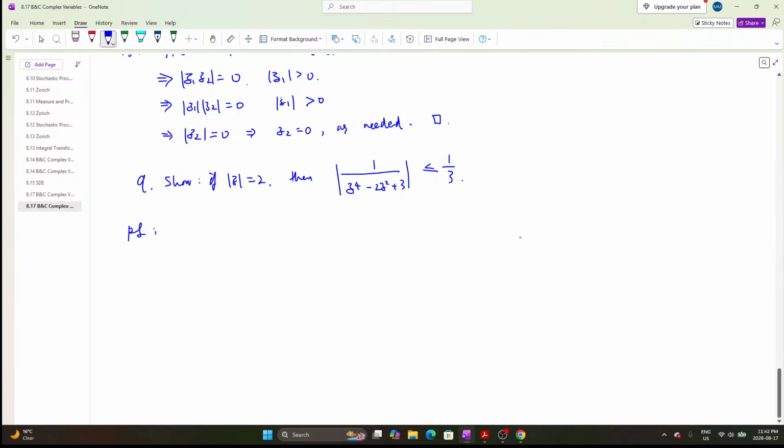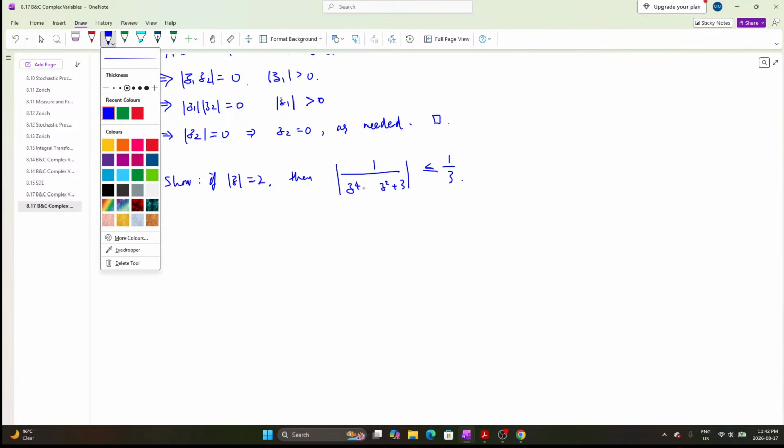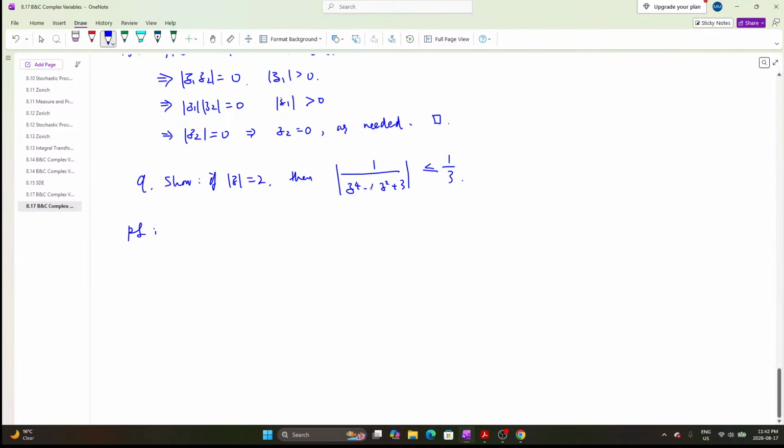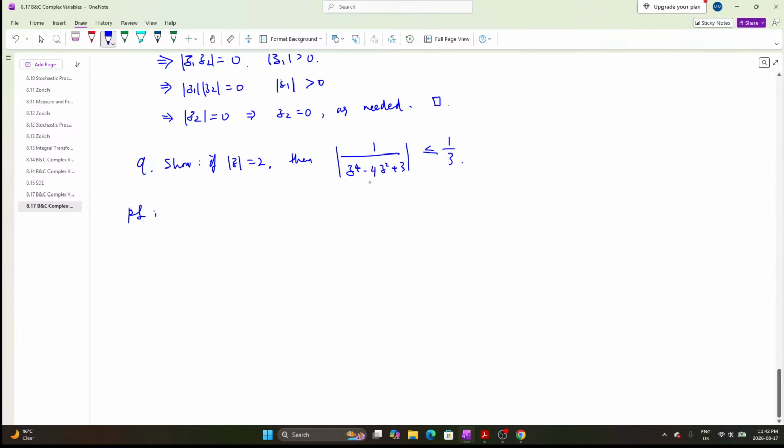Poor baby. Actually here, it should be 4, my bad. This should be minus 4z squared, not 2z squared. Okay, so we need a lower bound at the bottom. Now that's the idea. So first of all, we notice you can factorize this.